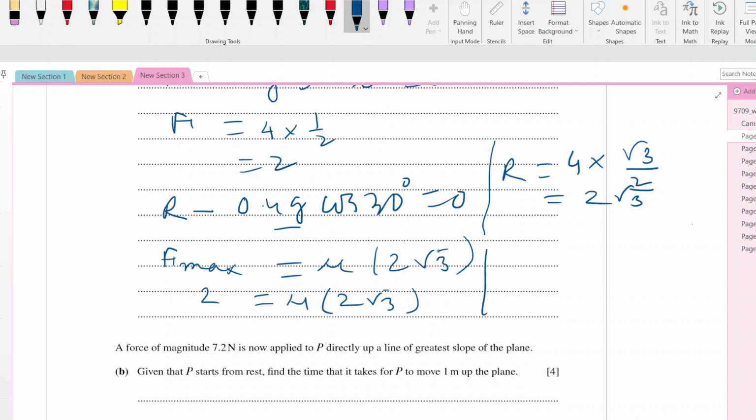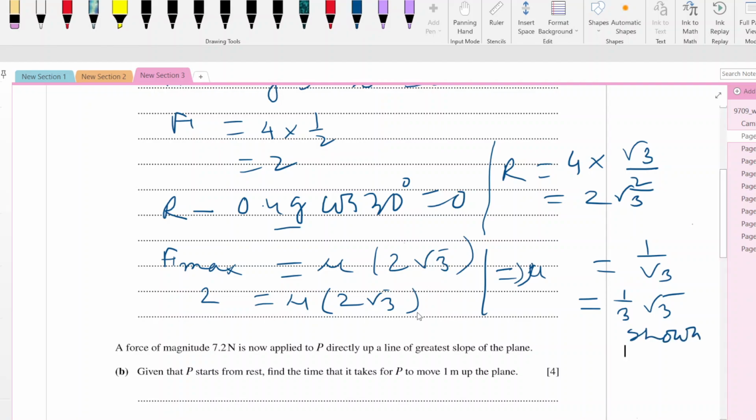I start from here: mu equals 1 by root 3. Now rationalize the fraction, which gives 1 by 3 root 3. Shown.